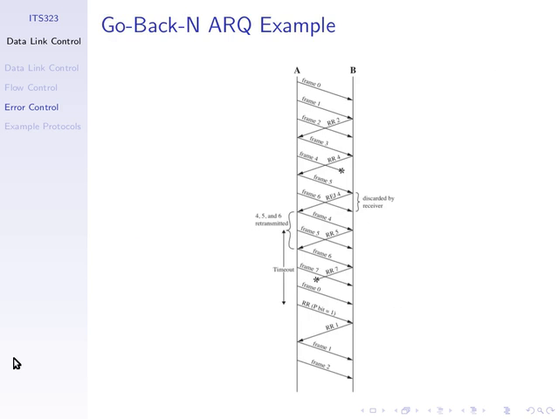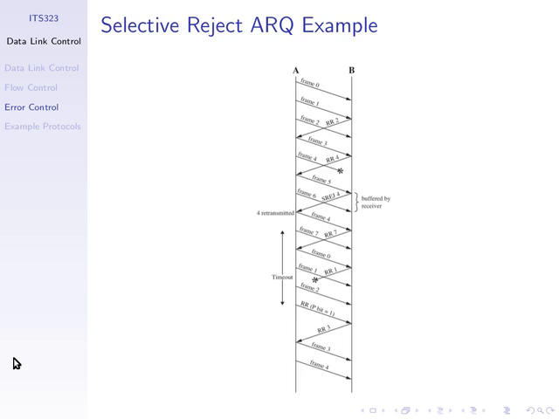Frame 4, 5 and 6 were retransmitted with go back N because 5 and 6 were discarded. In selective reject, 5 and 6 are buffered, they're not discarded, only frame 4 is retransmitted. That's the difference there. Everything else is the same as go back N.